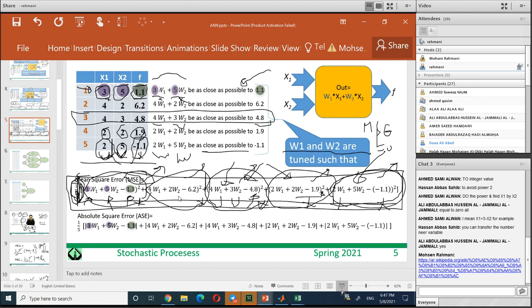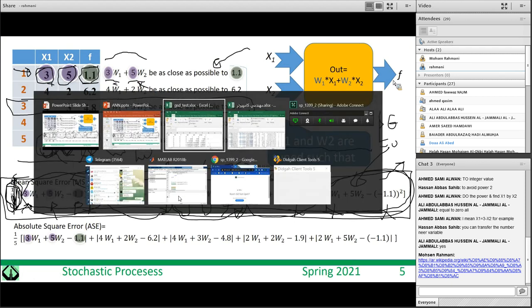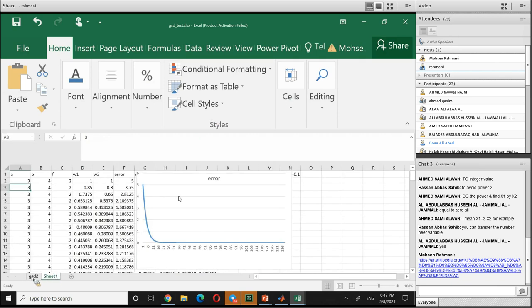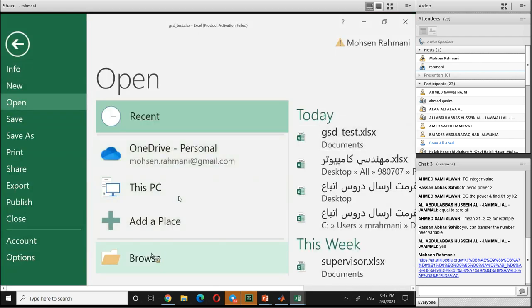See the problem again. We have x1, x2 as input and f as output. These are the numbers in my Excel.